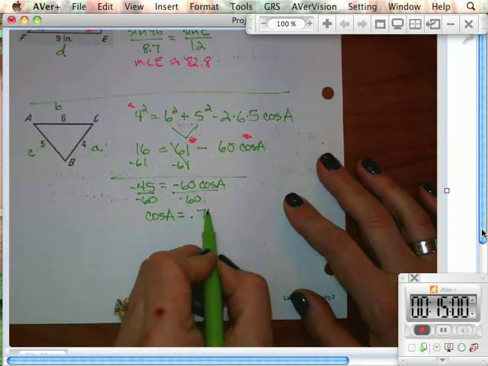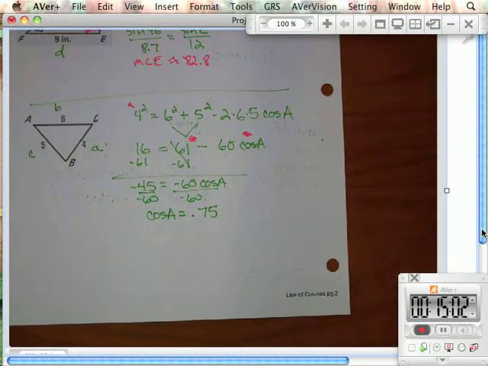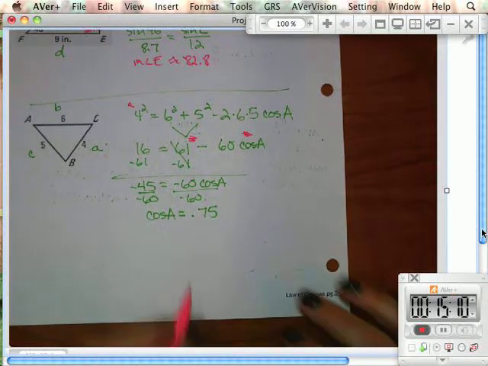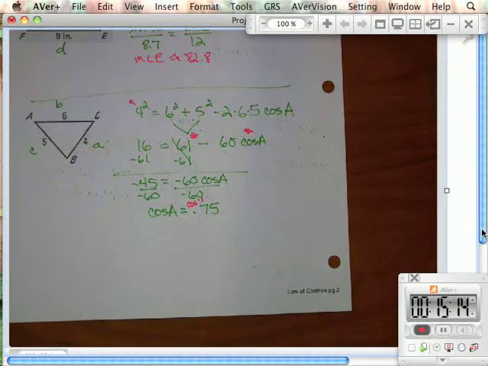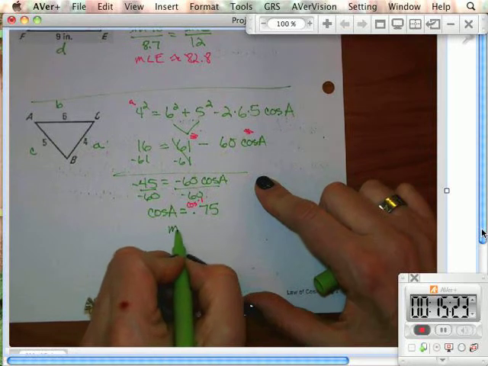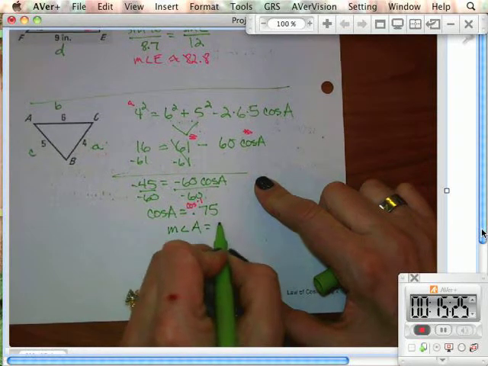Is that what we want? We want what? We use the inverse. So we're going to use cosine inverse to get the measure of angle A. And what'd you get? Measure of angle A is 41.4 degrees, almost.